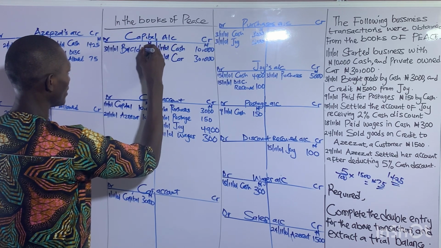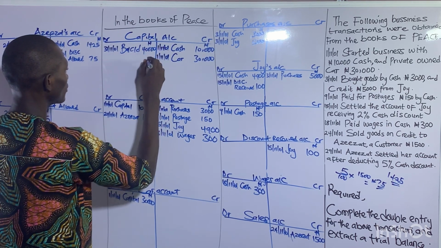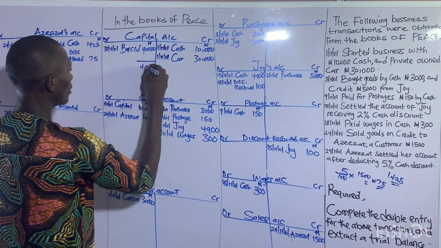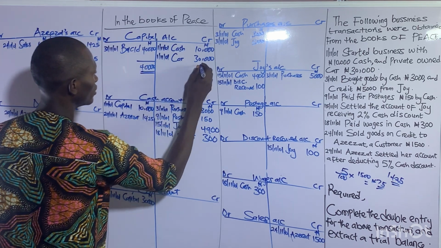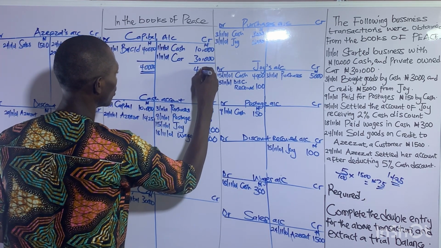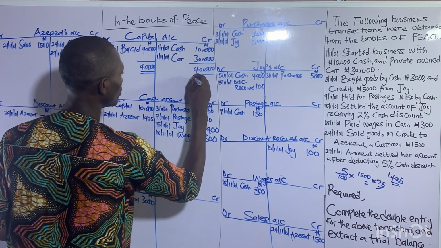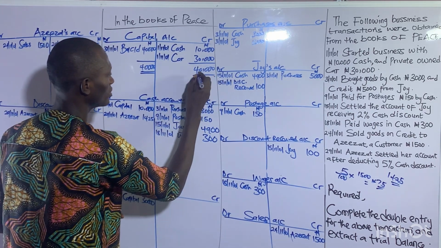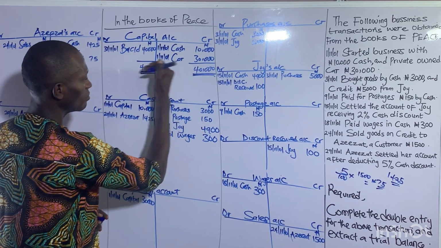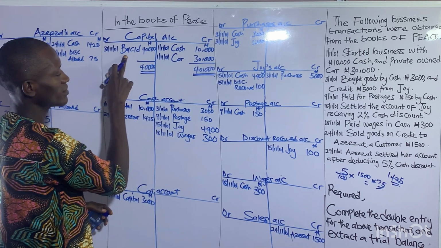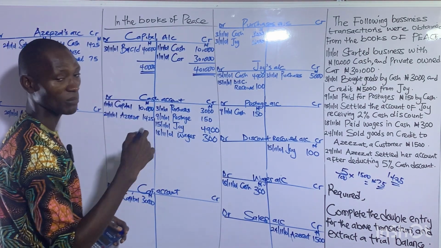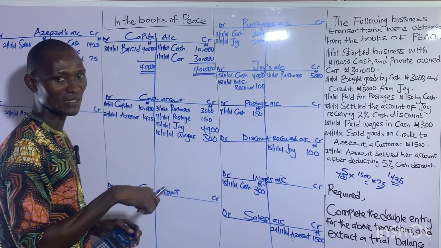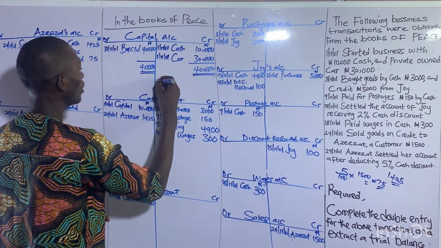You put your naira sign, and that's 40,000. The two sides are now equal. So you close the account by writing two lines, and they must be on the same level. Then for every balance carried down, there must be a balance brought forward, and that's the new balance for the period.